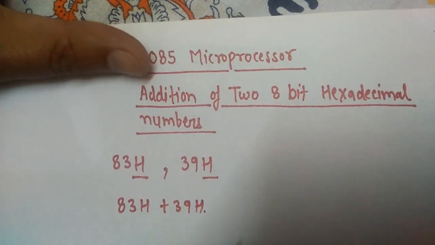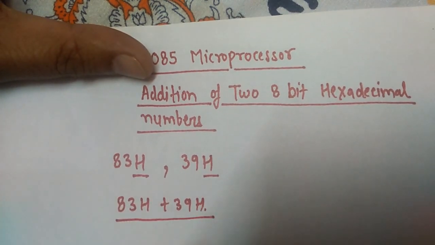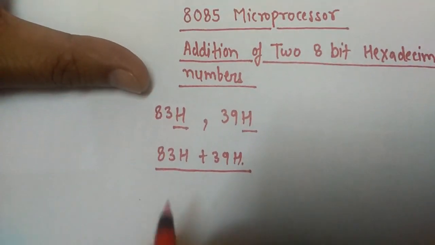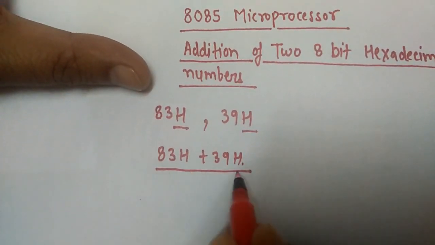So in order to write a program for this addition, we will first have to transfer these two numbers to the microprocessor.